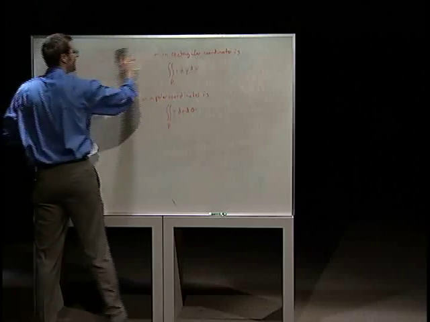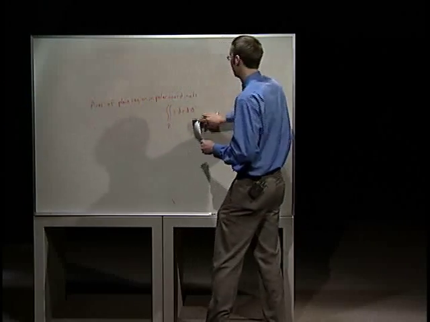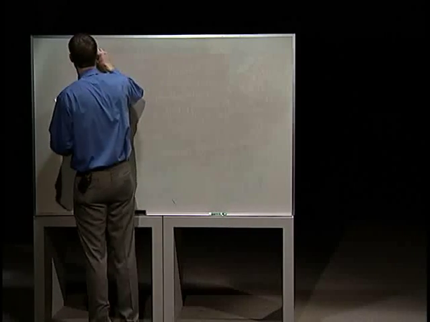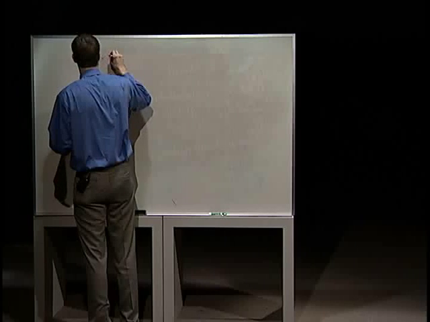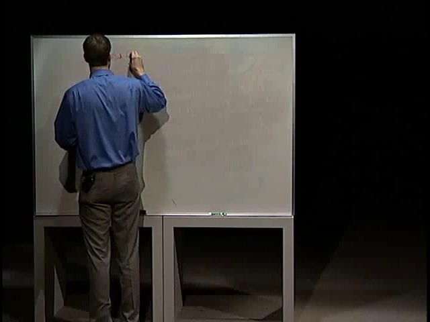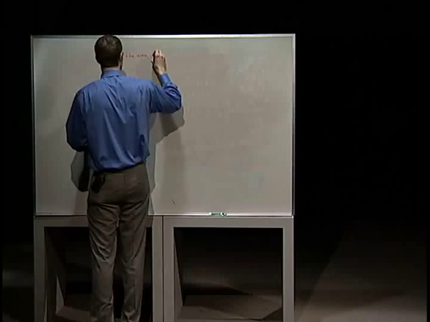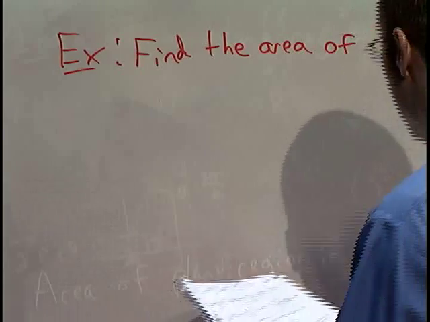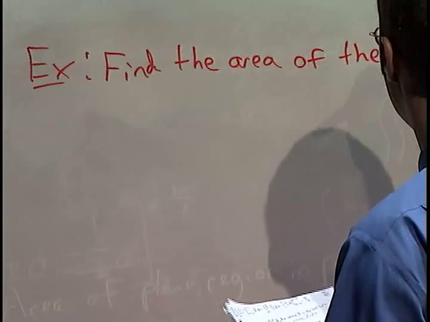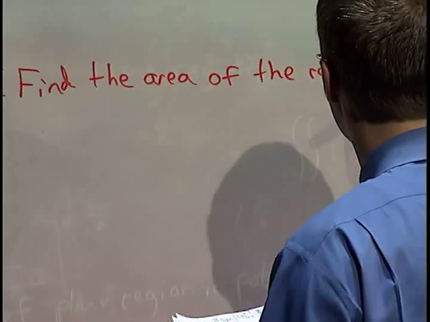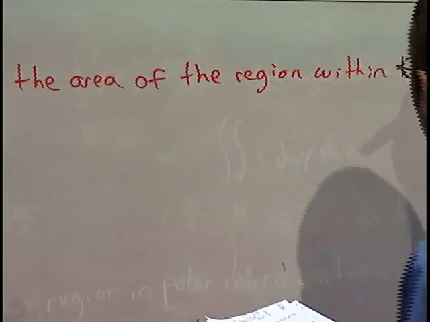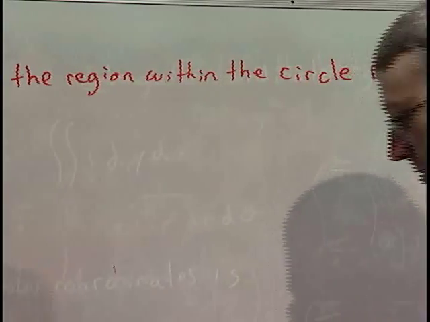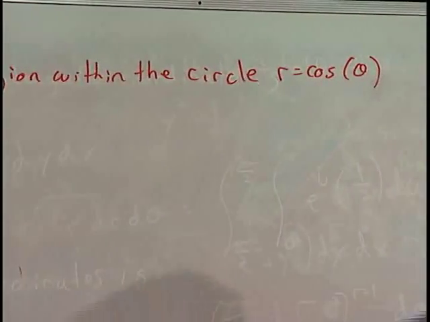So let's find the area of the region within the circle r equals cosine θ.